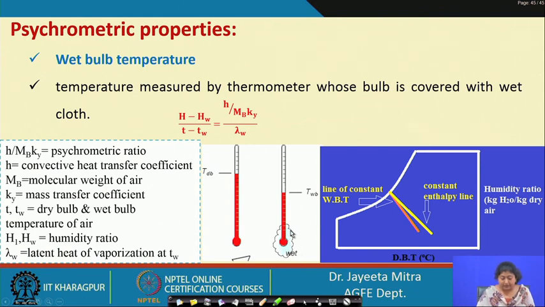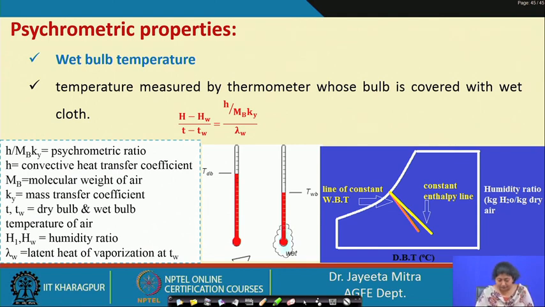However, since the moisture takes the latent heat of vaporization from the thermometer liquid itself, the temperature is reducing, and that can be shown here by a lowering in the temperature. The difference of this dry bulb and wet bulb is called the wet bulb depression, and thereby the wet bulb temperature is always lower than the dry bulb temperature.